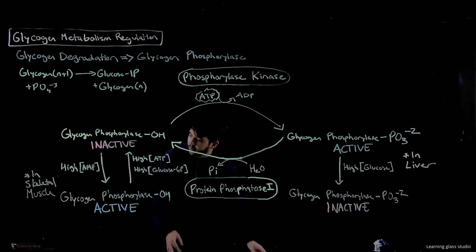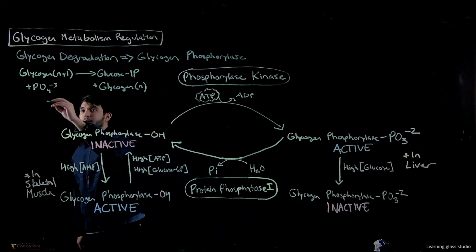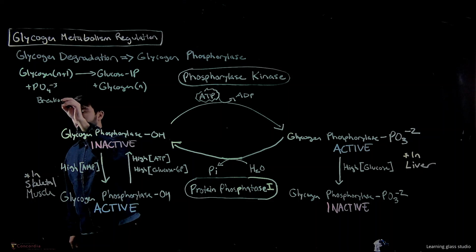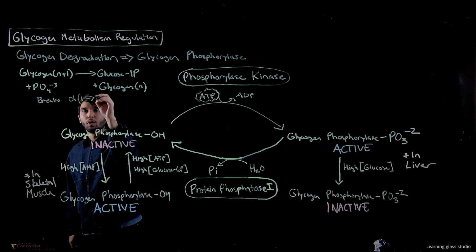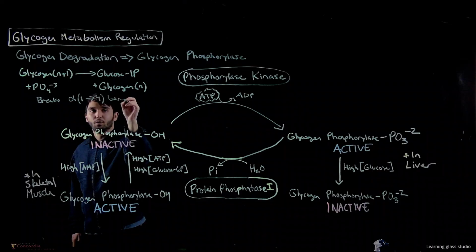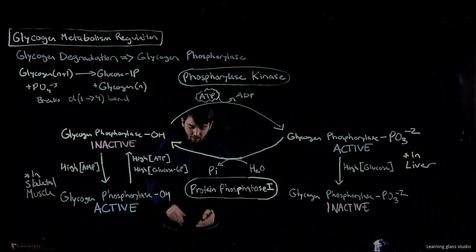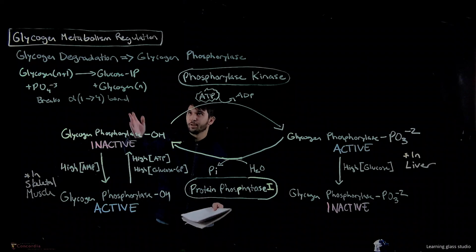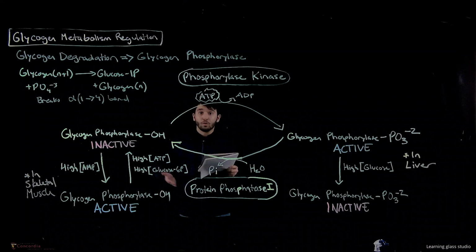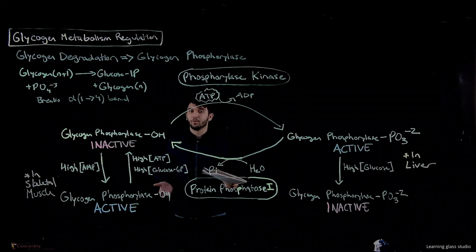Okay, and this is breaking the alpha 1,4 bond, not the alpha 1,6 bond. So that's just a brief summary of what this enzyme is doing. It is removing glucose from glycogen, which is a lot of glucose sort of stuck together, right?